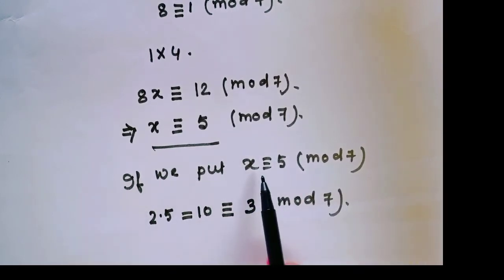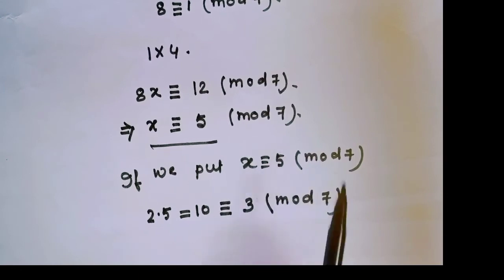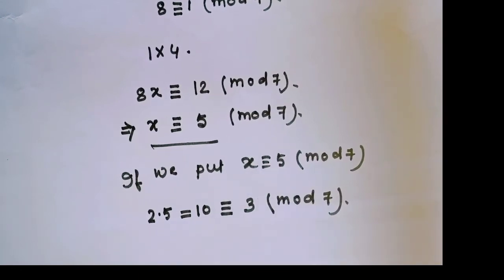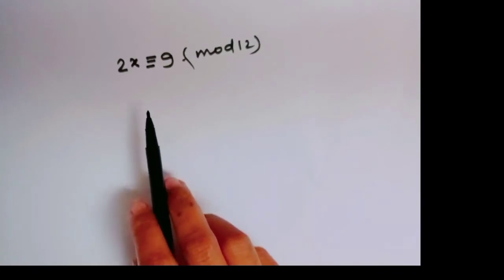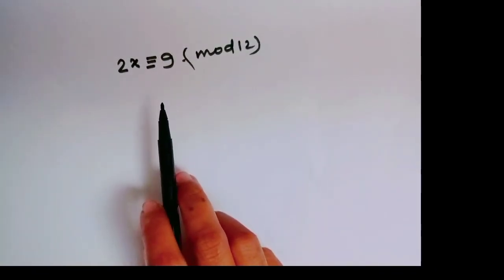That means x = 5 is a solution. Okay, right. Let's look at another example.